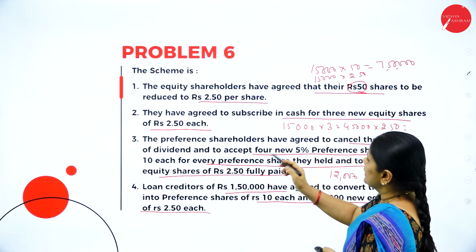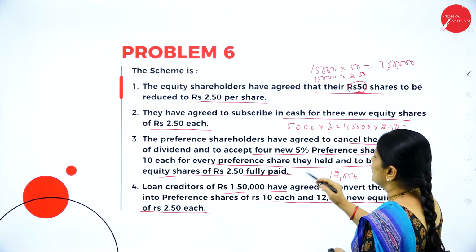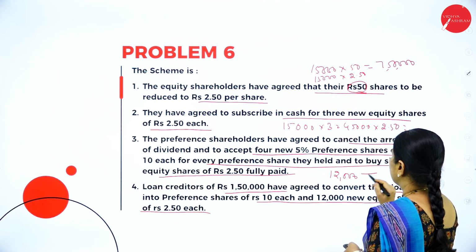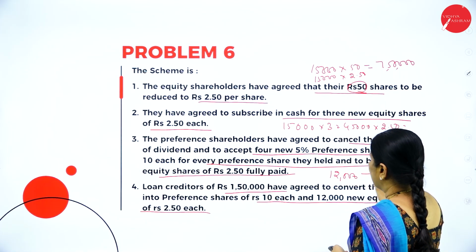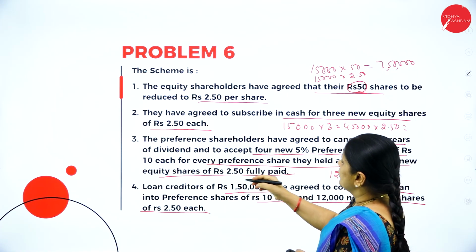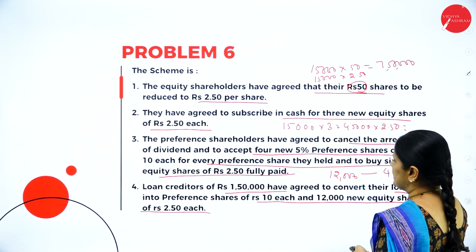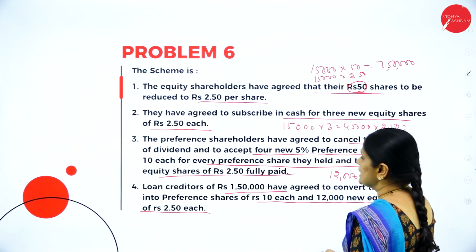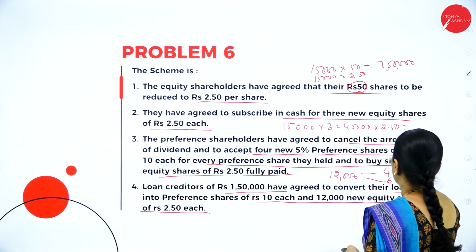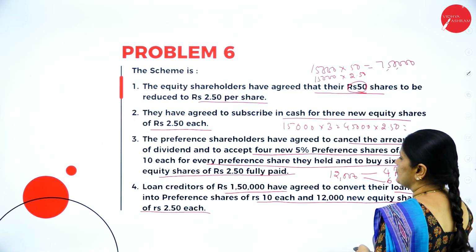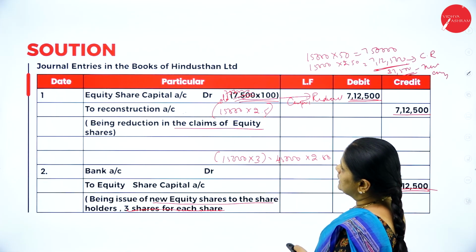Now, they have agreed to cancel the arrears of dividend and to accept 4 new preference shares of rupees 10 each, so each of them is ready to accept 4 new preference shares of rupees 10 each, and to buy 6 equity shares of 2 rupees 50 each, fully paid. So we have to calculate here.